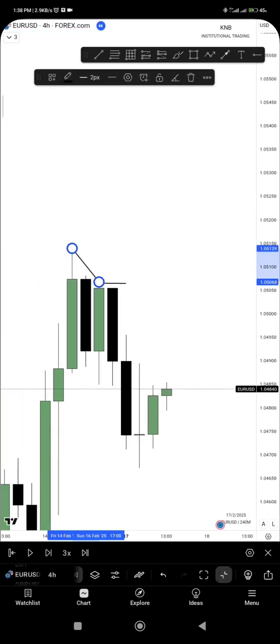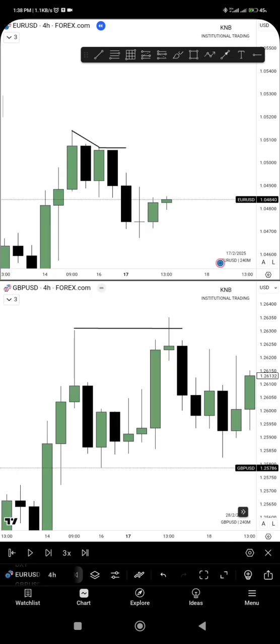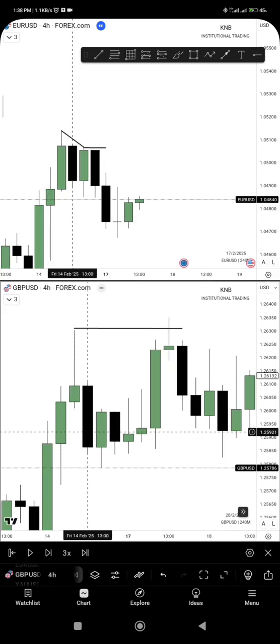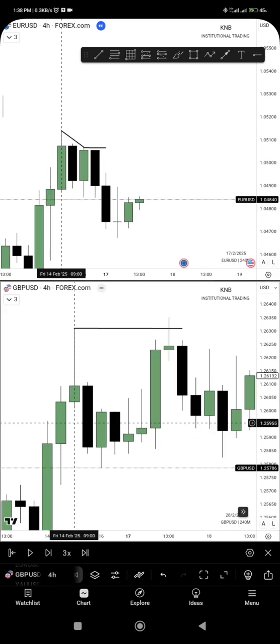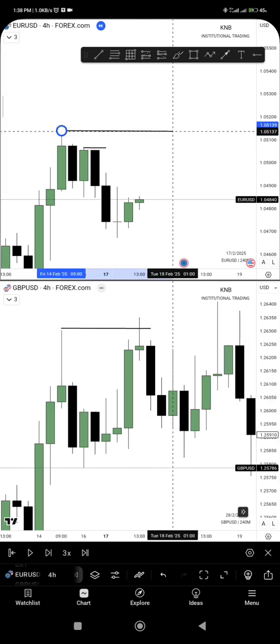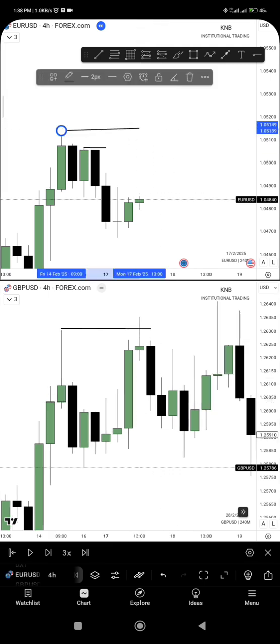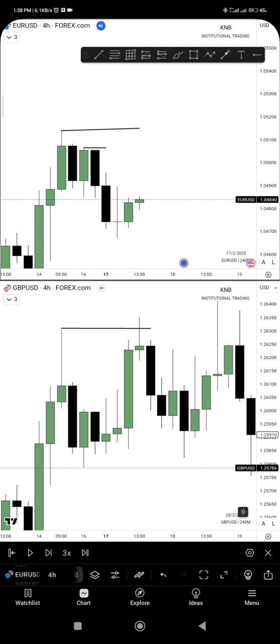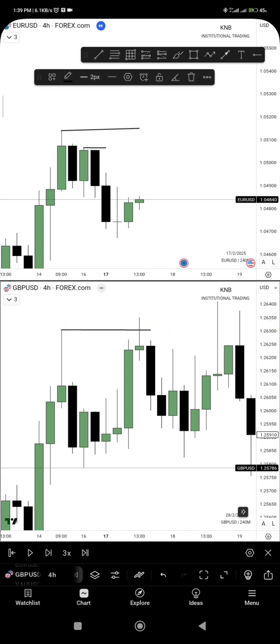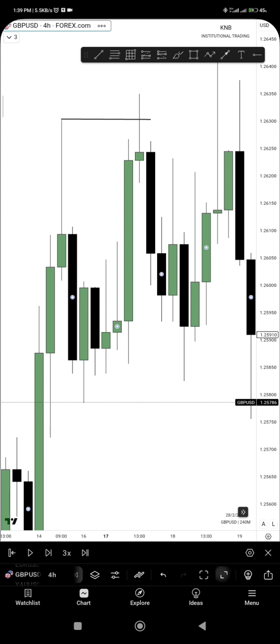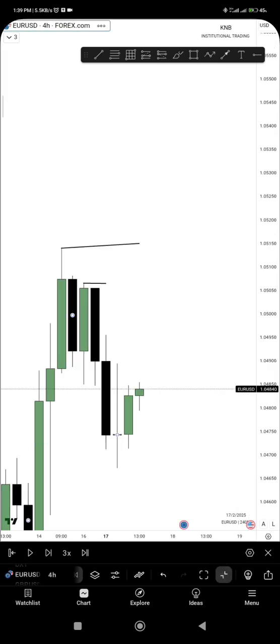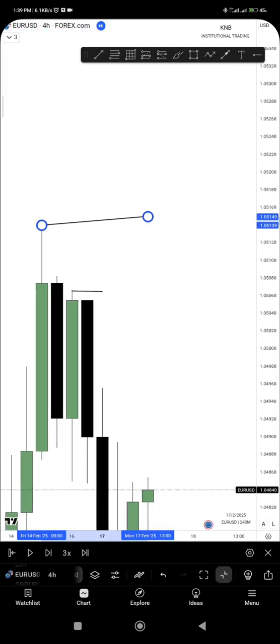This is that high. So look at this high right here. That's Friday high. Was it swept on EU? No. Mark that high. Was it swept on EU? No. That's divergence. That is SMT divergence. So that's SMT divergence.